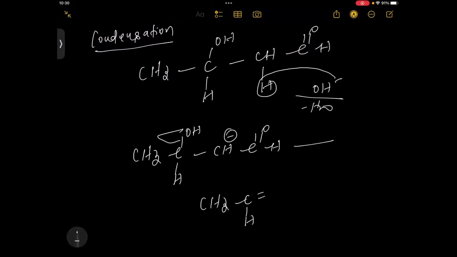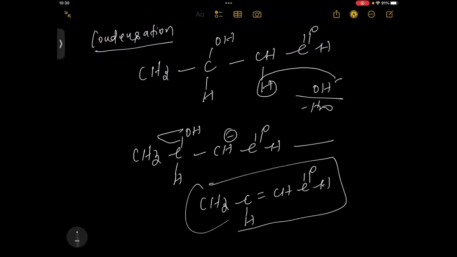Can you tell me one thing, students? What mechanism is followed here? Through what mechanism did we get the product? Just think, students. This mechanism is called E1CB. NEET students need not worry about this mechanism, because such things will not come.